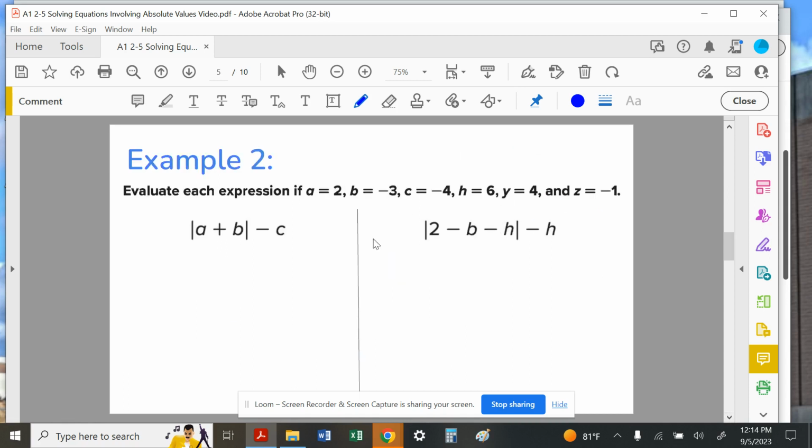A couple more. If a equals 2, now notice we have things on the outside. So we're going to do the order of operations the way we're supposed to. So we're going to do the absolute value of 2 plus a -3, and then minus a -4. I'm writing it exactly how it says there. I'm not going to try to shortcut it yet. So now I'm going to go inside.